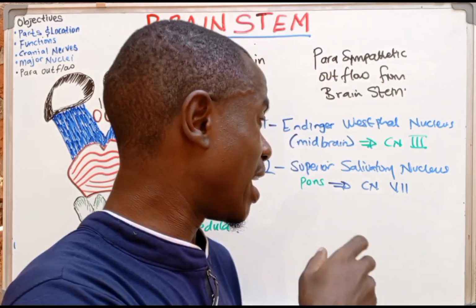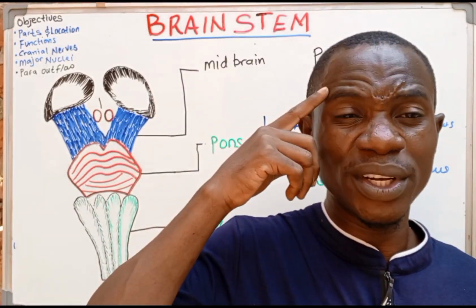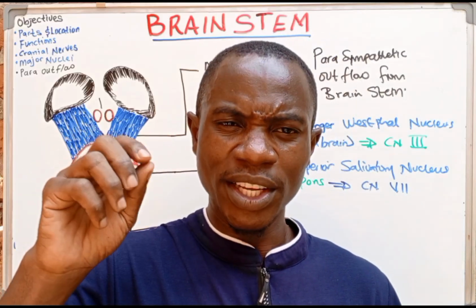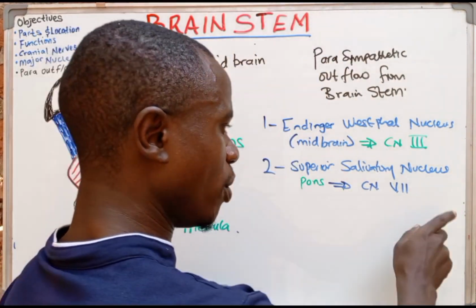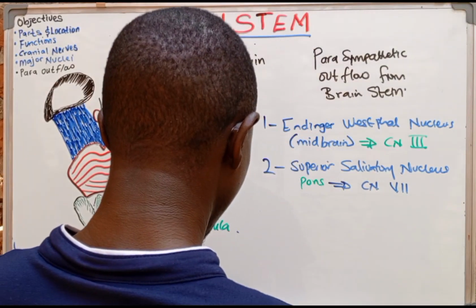Also some of these fibers are going to go into the lacrimal glands, and of course it will lead into the lacrimation process. Okay, so this is also one of the beautiful things which we need to know very well.